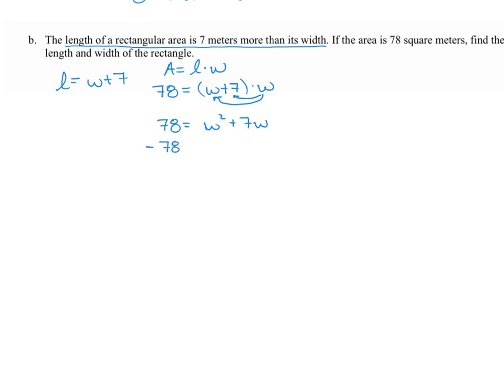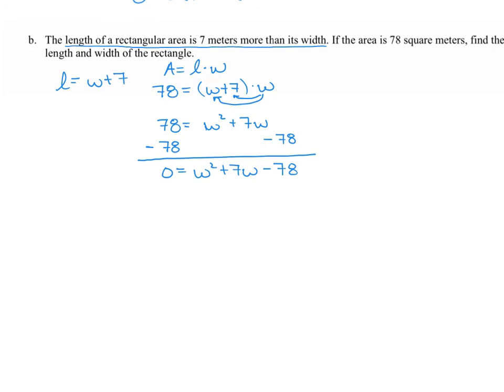I'm going to subtract 78 from both sides. We get 0 equals W squared plus 7W minus 78.